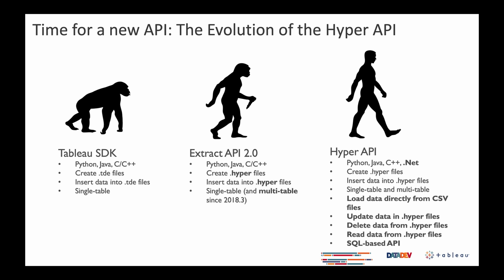And we'll get into that in a little bit. I'll show some examples of what that looks like, but it's a huge amount of flexibility for customers who want to get more out of their extracts, right?